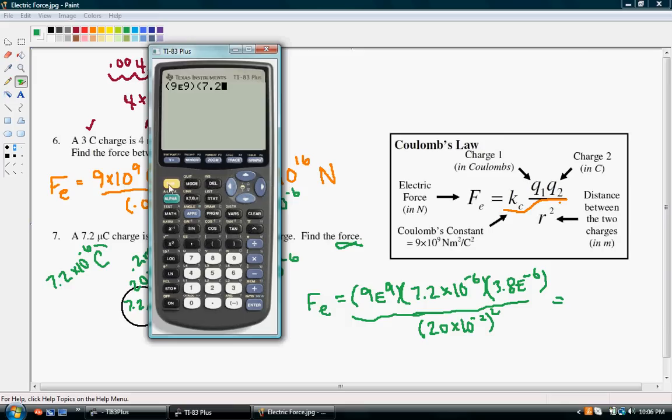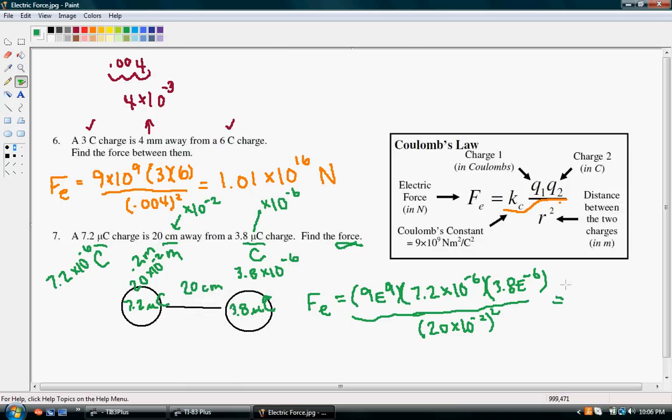We could say 7.2e to the negative 6 and 3.8e negative 6. Okay, you get all these numbers, and you divide that by 0.2 squared. Alright, we get 6.2 newtons. So over here, 6.2 newtons.